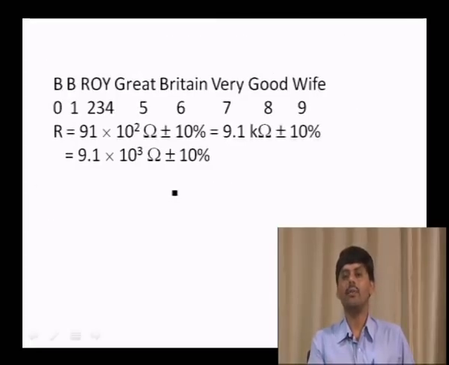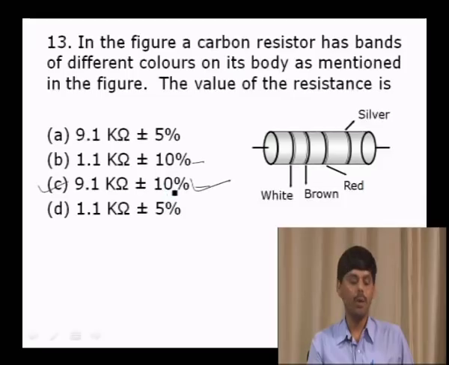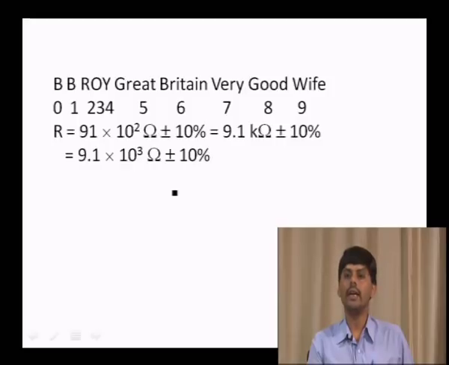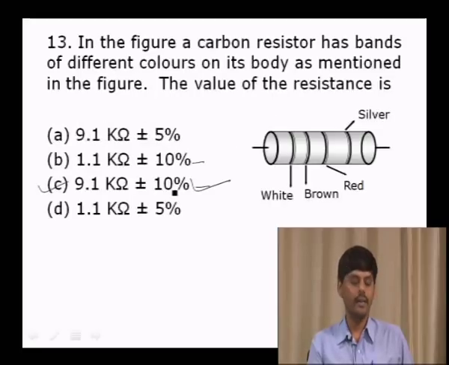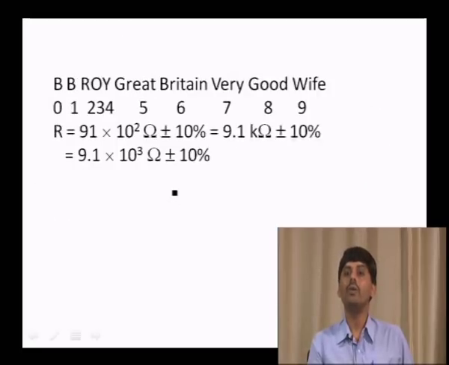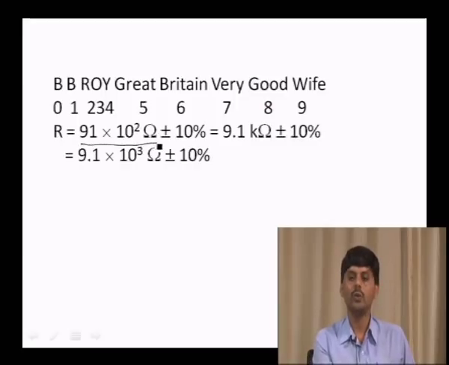This is the way you are going to calculate the value of the resistor, by taking the help of the color code, B.B. Roy, Great Britain, Very Good Wife. Here the first color is white, white has 9, therefore I am taking 9 as the first significant digit. The second color is brown, so brown is taken as 1, that is 91. The third band is red. Red means the value is 2, therefore 10 power 2.